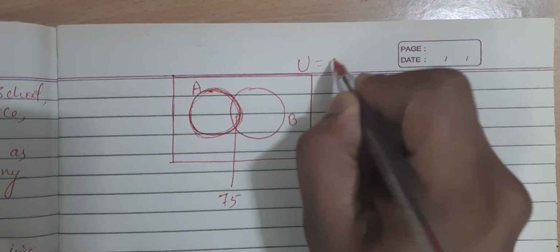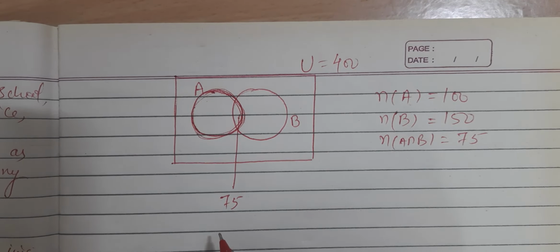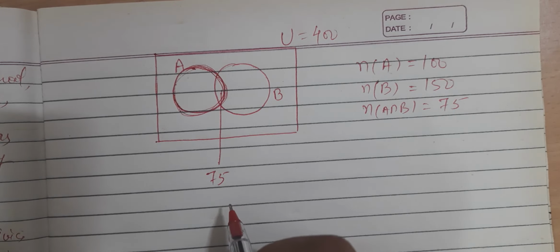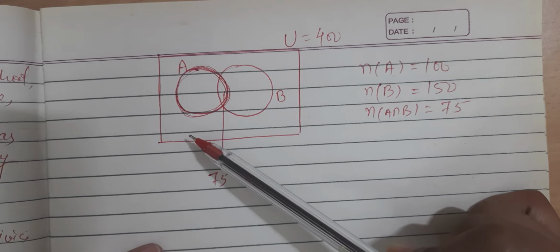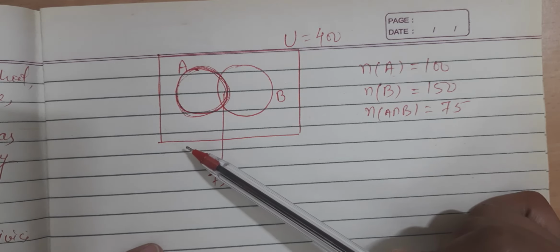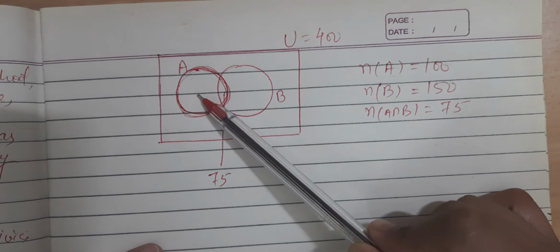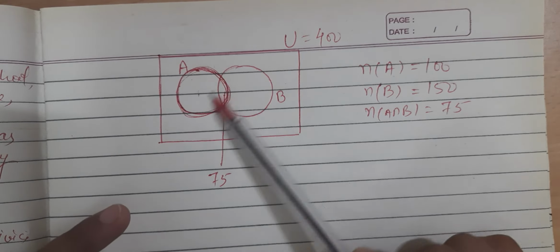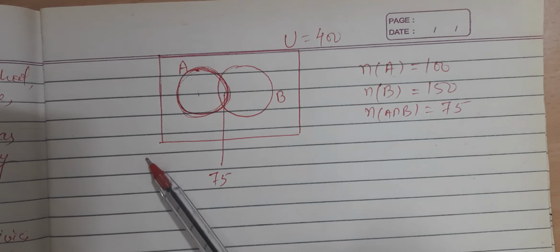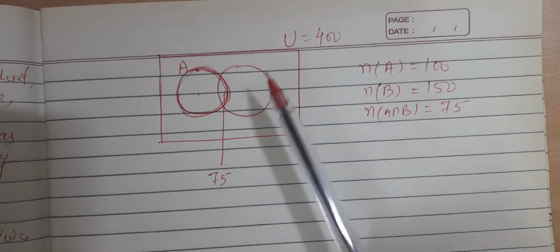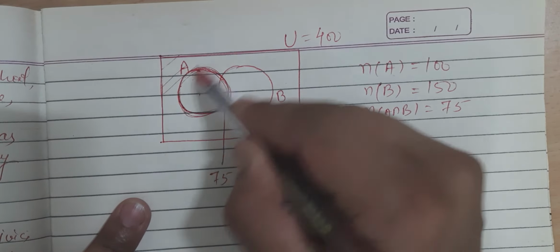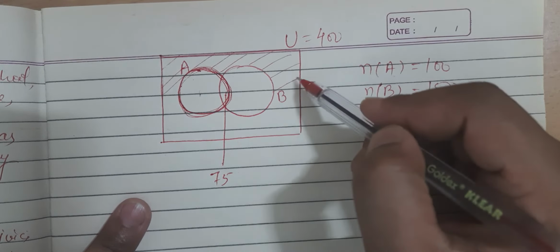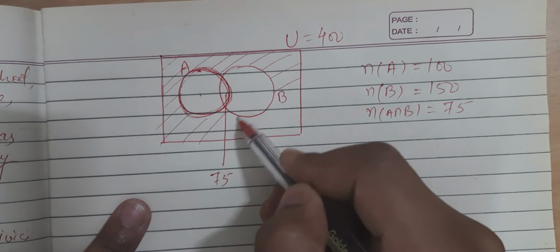So in this universal set, there are 400 students in total. Find how many students are taking neither apple nor orange. When you observe the Venn diagram, not apple means complement of A, which means everything except set A, and not orange juice means complement of set B. So neither A nor B means this part we have to find.